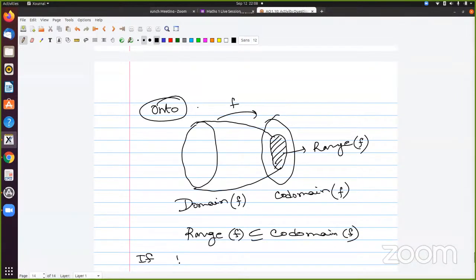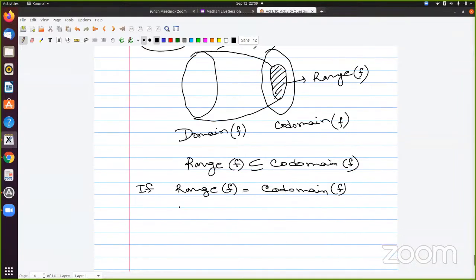If the range and codomain are the same set, then we call F surjective. Okay? If range and codomain are the same, then it is surjective.